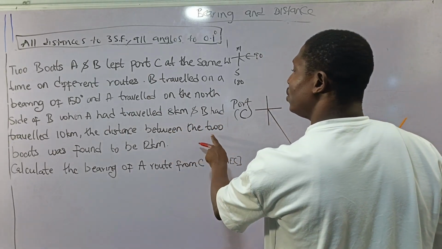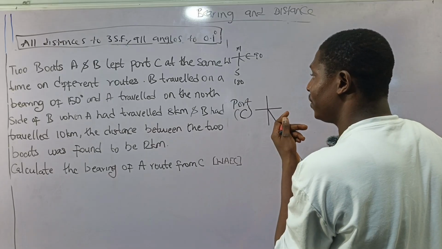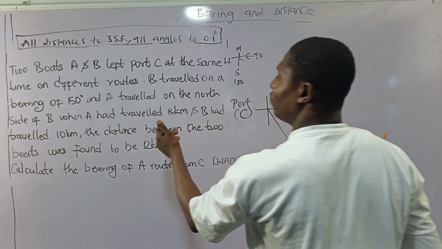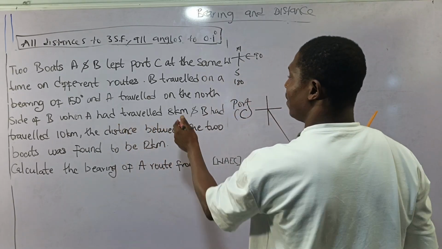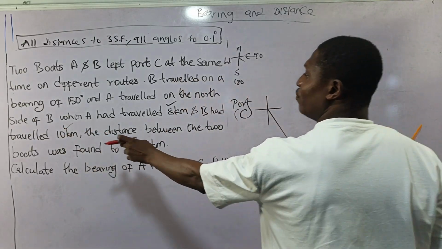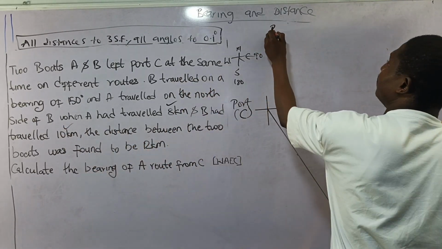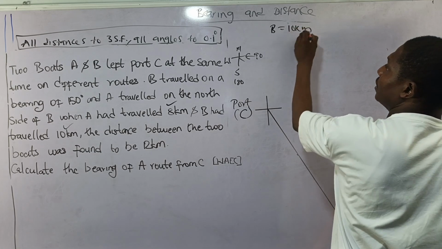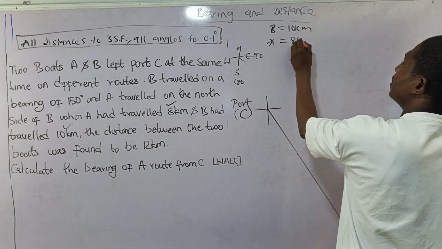The distance between the two boats was found to be 12 kilometers. A has traveled 8 kilometers. B has traveled 10 kilometers. So B is 10 kilometers. A equals 8 kilometers.